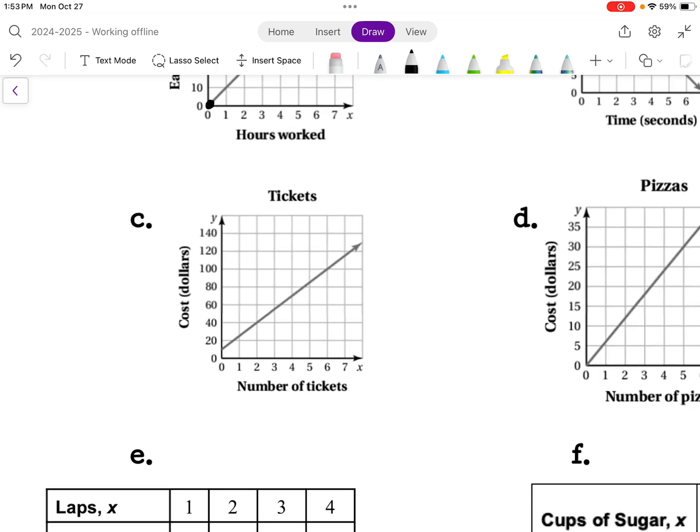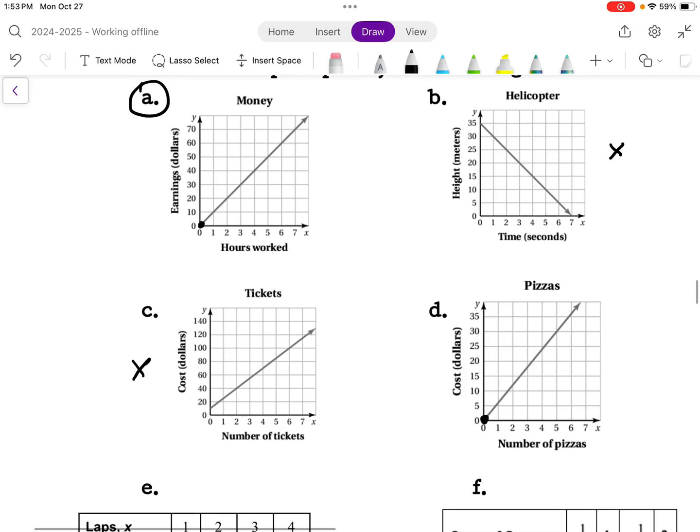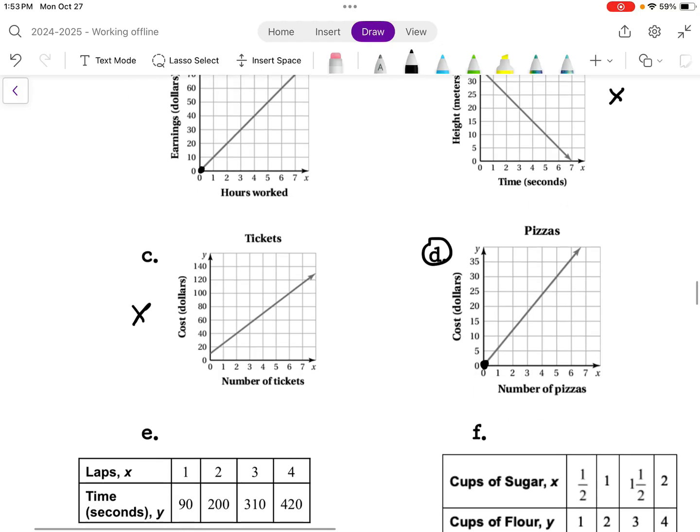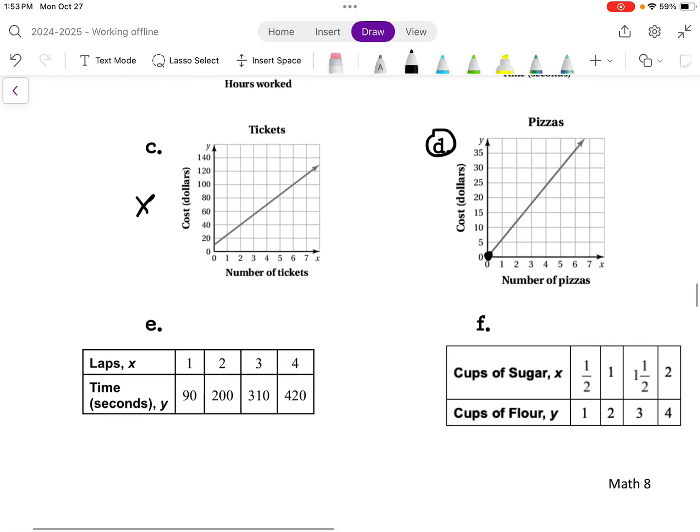C is close. If we zoom in, we can kind of see it's close, but it doesn't go through, so C is not. And then D does start with the origin, and it goes through the origin, so we would say that D. So the answer to this would be A and D are proportional relationships because they both go through the origin.